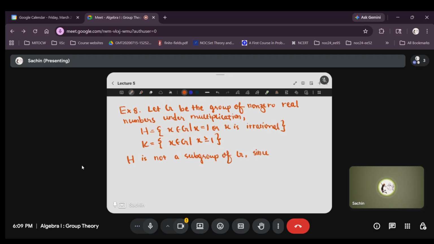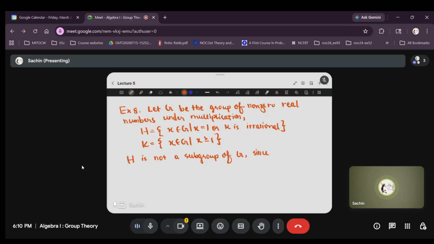There's no problem with that, right? Inverse of root 2 is 1 by root 2. 1 by root 2 is also irrational. And 1 has an inverse, which is 1 itself. So inverse is not a problem. The identity is also there. Associativity is also there. So if I'm saying it's not a subgroup, then closure must be the problem.